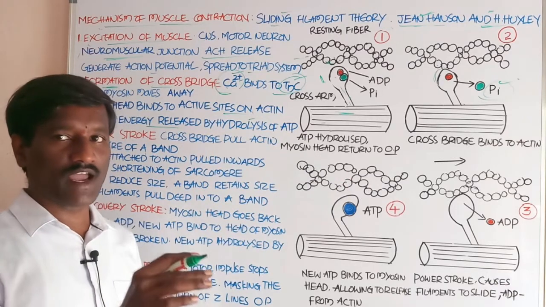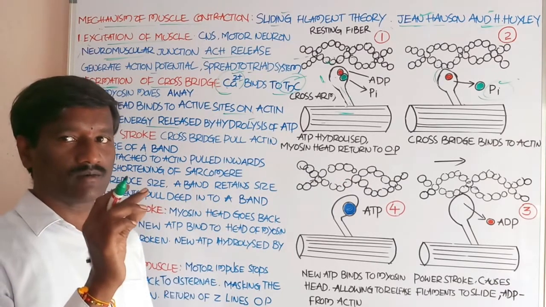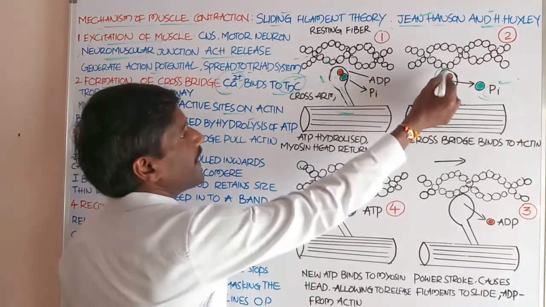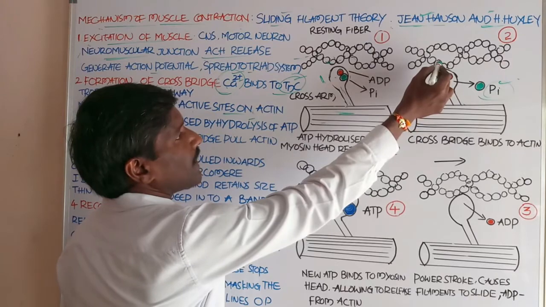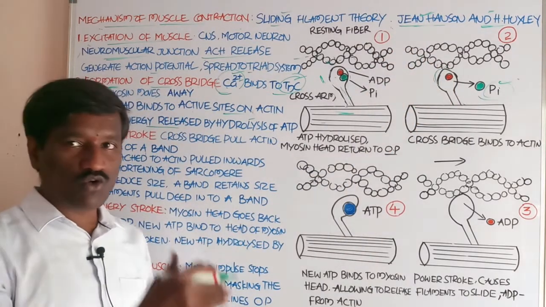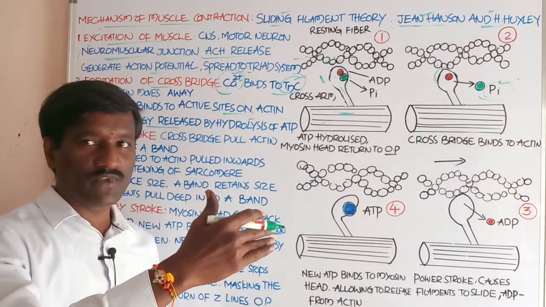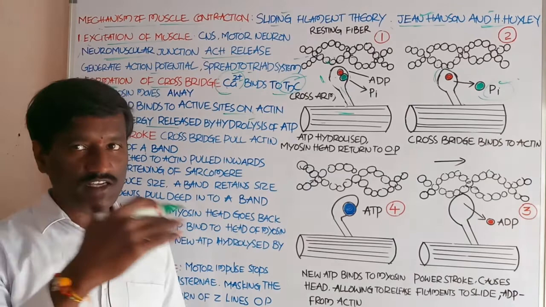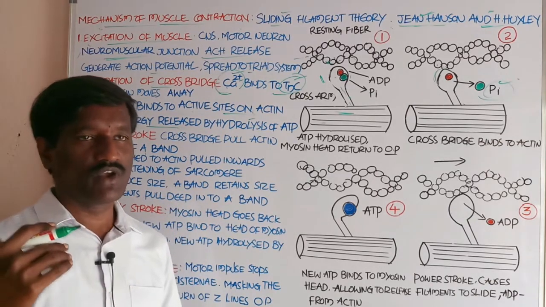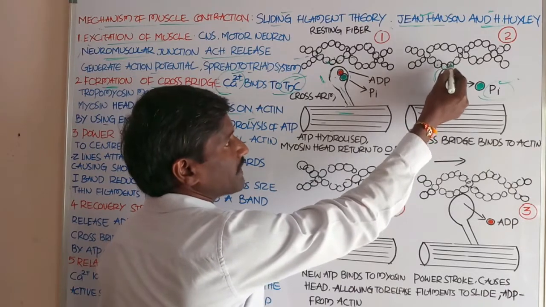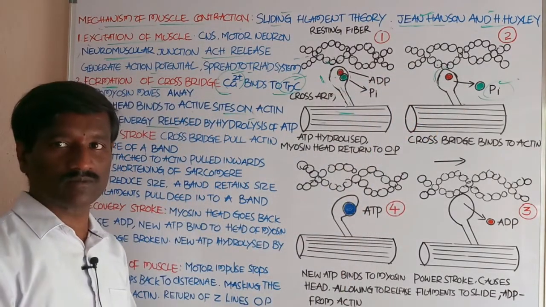At that same time the myosin head binds to the active site of actin. When tropomyosin moves away, the active site of the actin is exposed to the myosin head, and the myosin head binds to the active site of the actin.